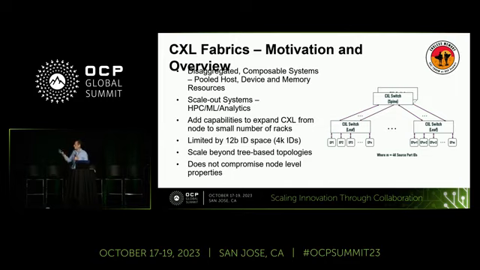Ultimately, the goal was to add some capabilities into the spec that allowed CXL to expand from just a single node. Memory expansion is a very important use case, but we wanted to see if we could get it to span the rack, or potentially, a number of racks.